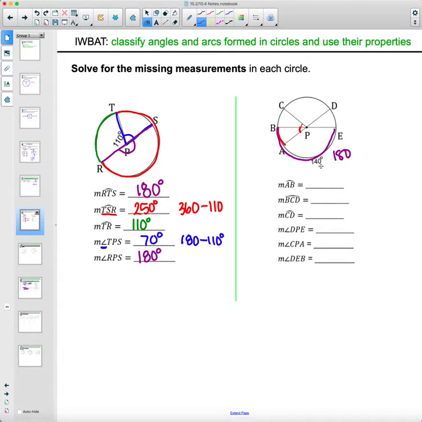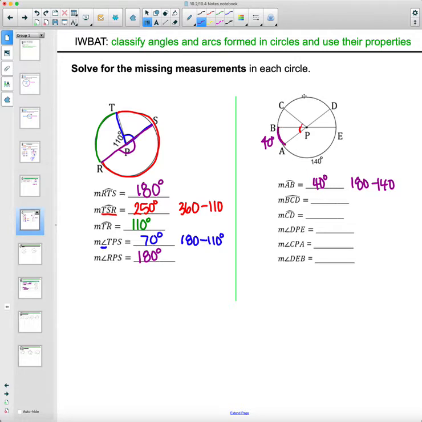And we already know that this piece is 140. So we do 180 minus 140 to get 40 degrees for AB. Let me change that to purple for us. So this AB is 180 minus the 140, so we get 40 degrees here.